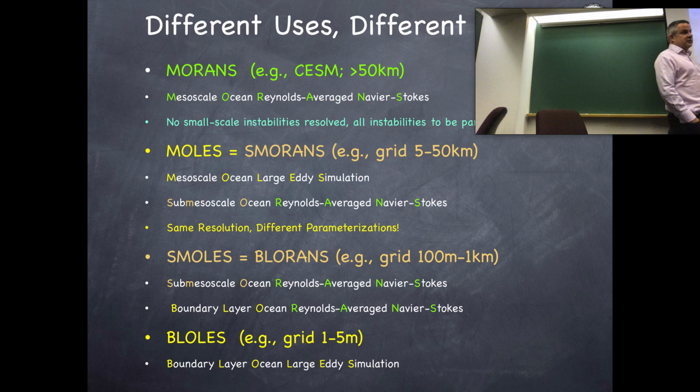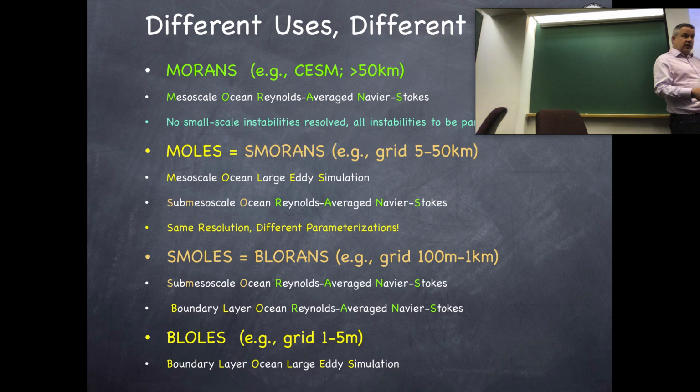So if we're not permitting them at all, if we're very coarse resolution like climate model style, then we might use a Reynolds average, and all of the mesoscale eddies and all of the submesoscale eddies have to be parametrized somehow. And so you might call that MORANS or RANS, but mesoscale ocean RANS. If you allow some of the mesoscale eddies, but not all of them, and then you use a filter as your definition, then you're kind of in a large eddy simulation regime.